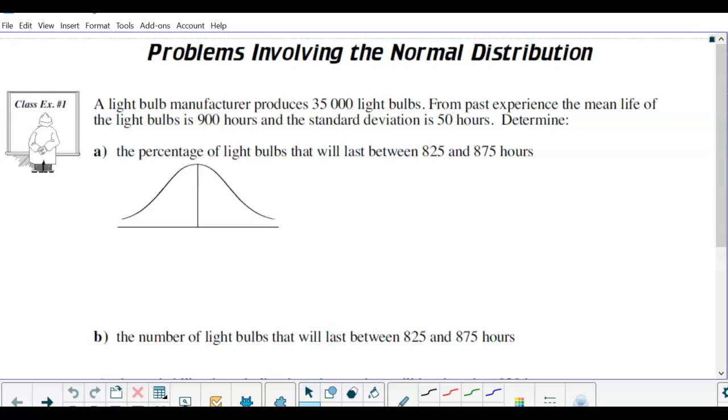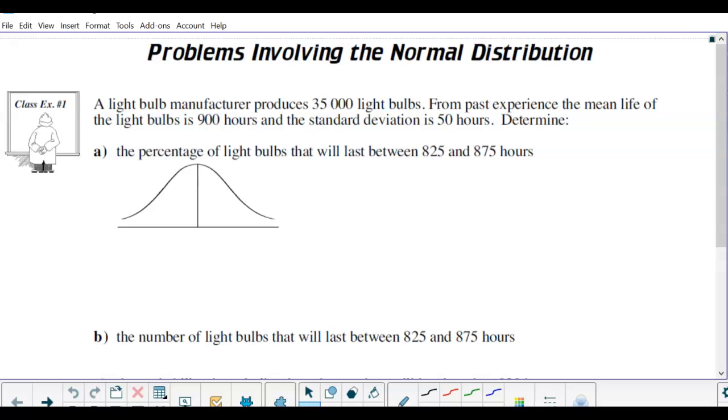So in the first one, we looked at one like this the other day. The light bulb manufacturer produces 35,000 light bulbs. From past experience, the mean life of the light bulb is 900 hours. Standard deviation is 50.